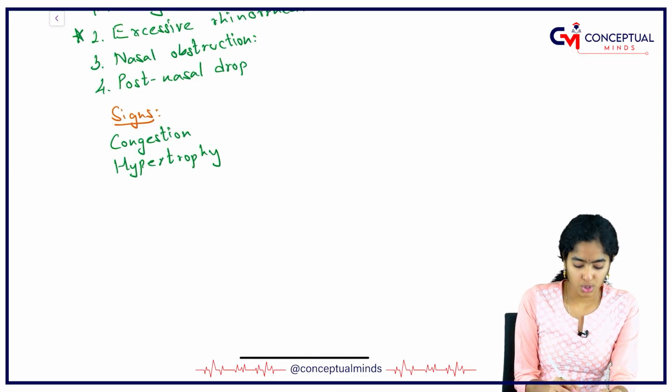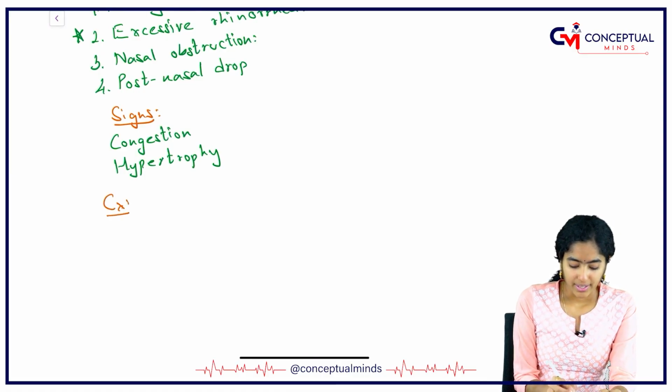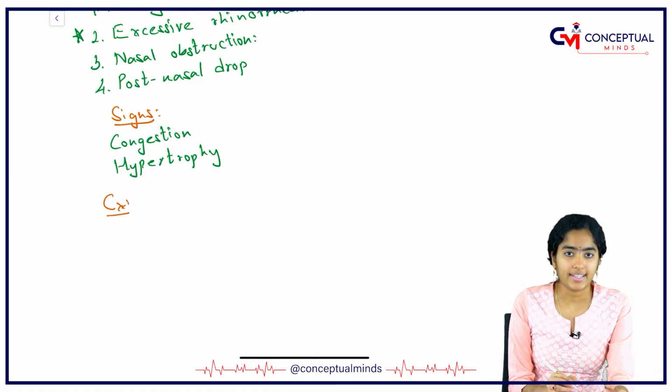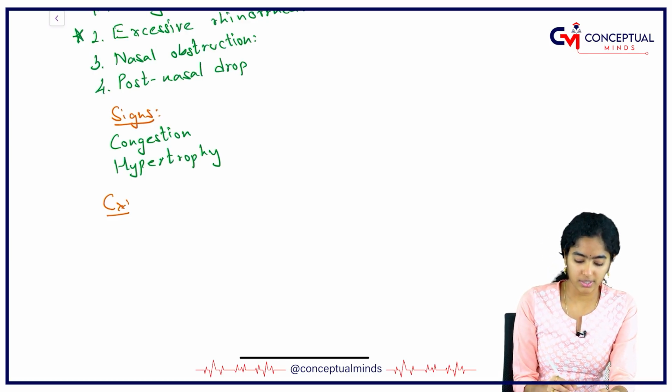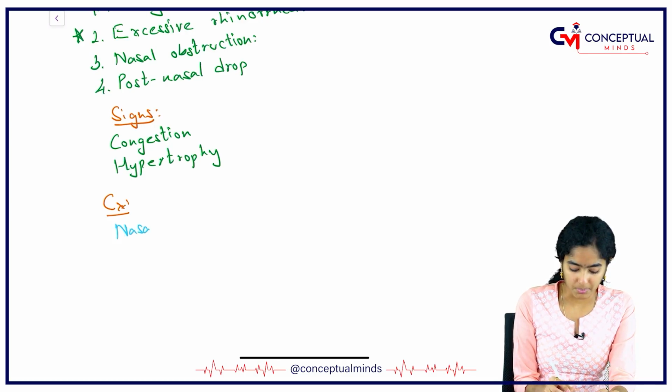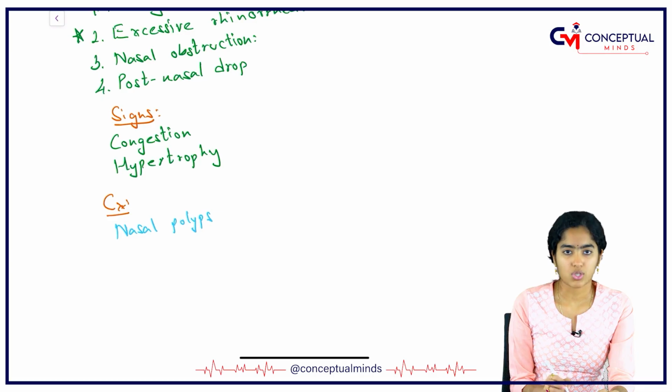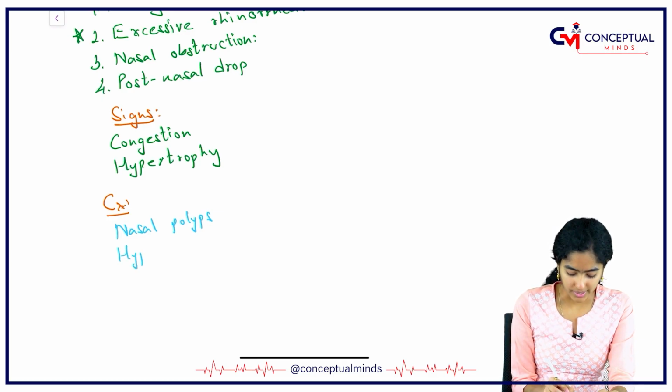Now let us look into the complications. If at all it's a long-standing case of vasomotor rhinitis, the patient could develop nasal polyps and also hypertrophic rhinitis and sinusitis.